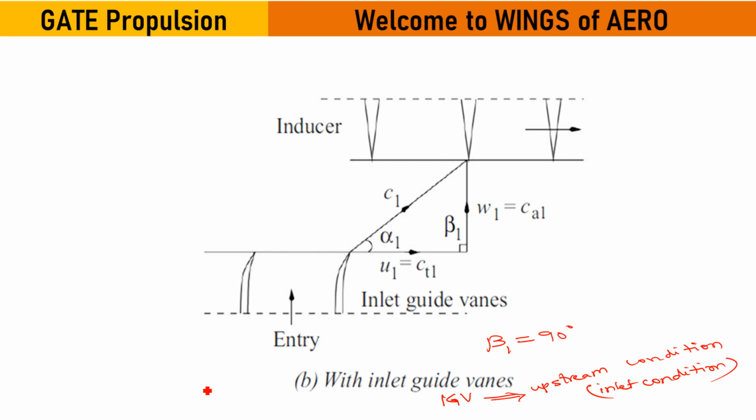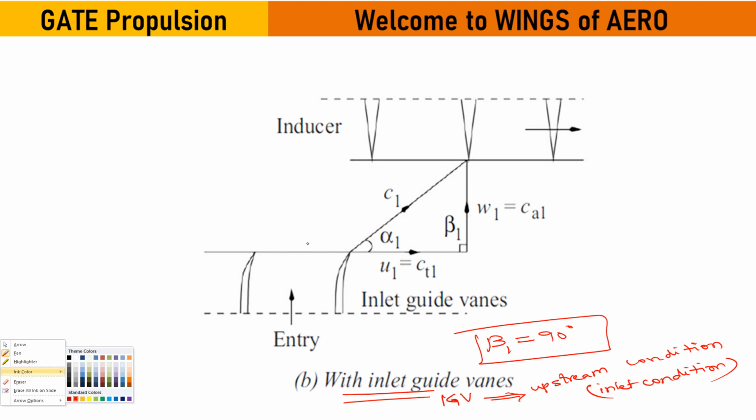So in the without IGV condition, alpha 1 is 90 degree, and with inlet guide vane, beta 1 equals 90 degree. Remember this trick.